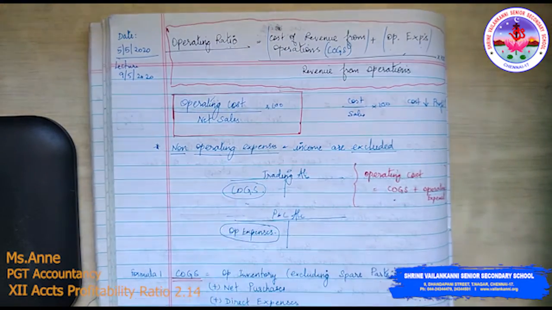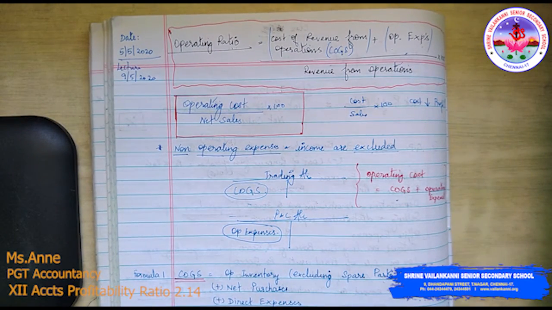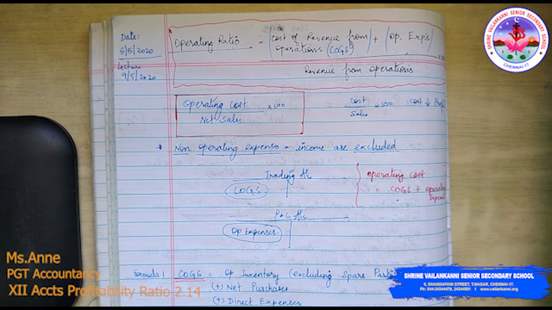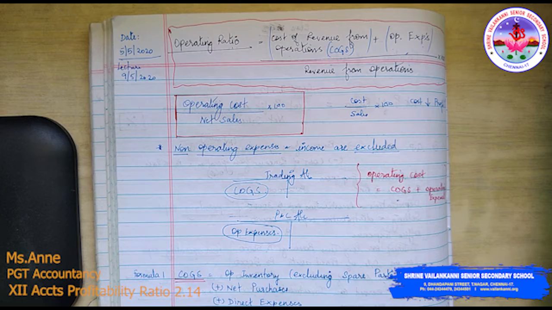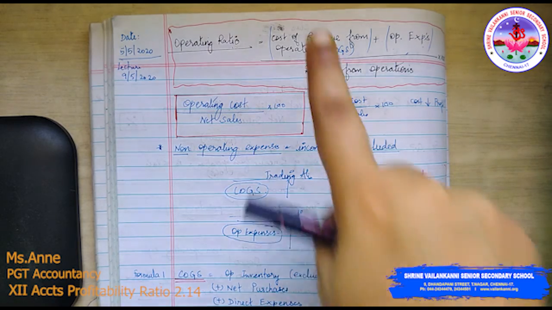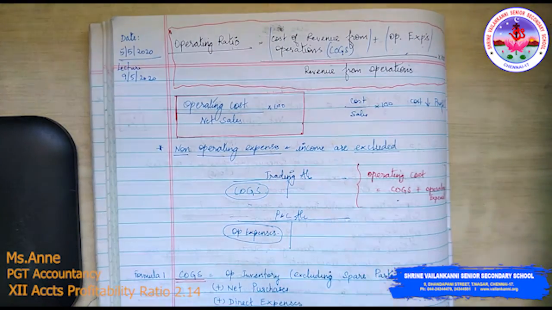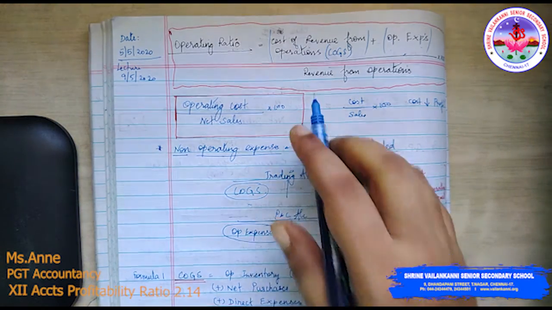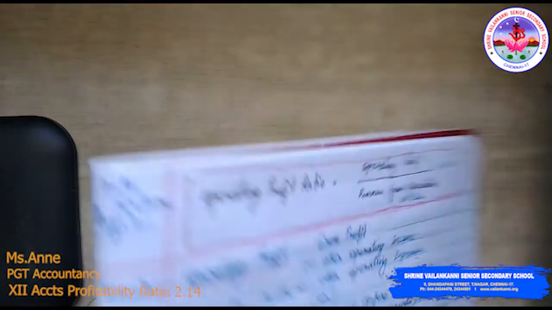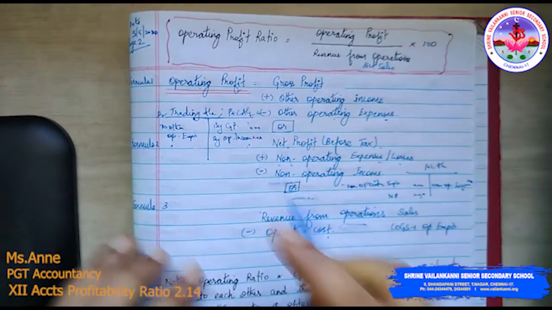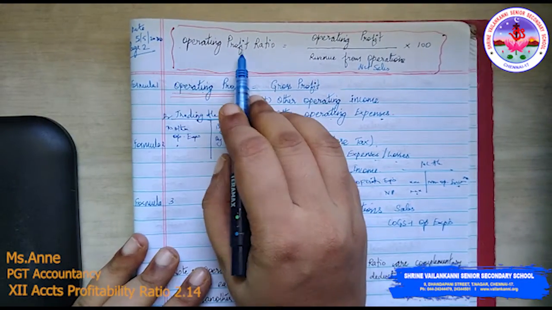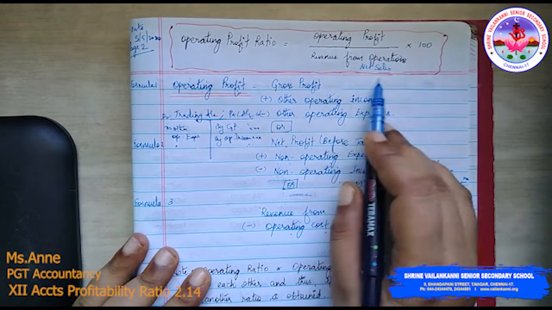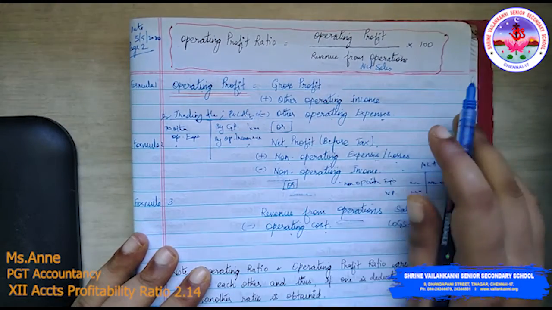So you need to be very careful. Operating ratio is different, operating profit ratio is different. Operating ratio, you have two words. There are two things that you need to remember: cost of goods sold, operating expenses divided by net sales. Here operating profit ratio you have in the thing itself, operating profit divided by net sales into 100. Please remember the formula this way.